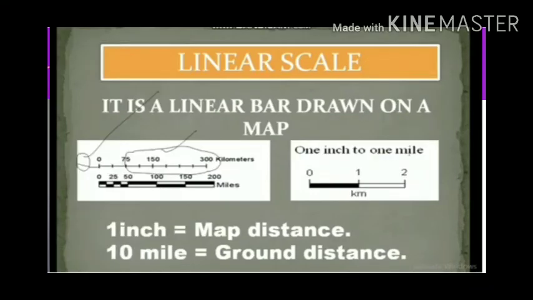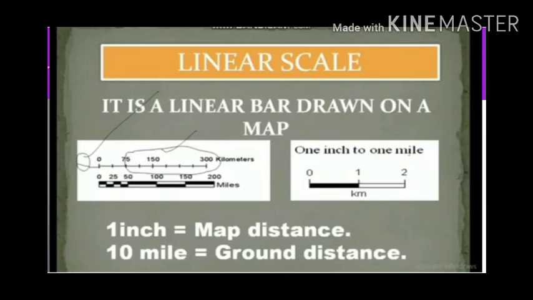Now we move on to the next, linear scale. This scale is shown graphically on a map. The distance between any 2 points on a map is measured with the help of a linear graphical scale. Example, you can see on the left hand side they have shown the scale.